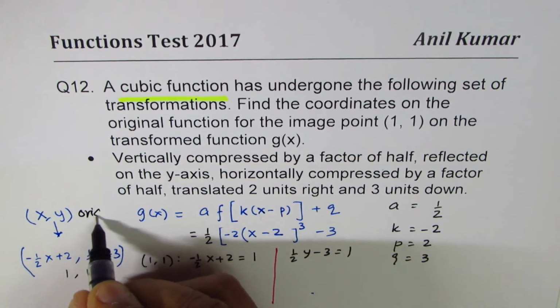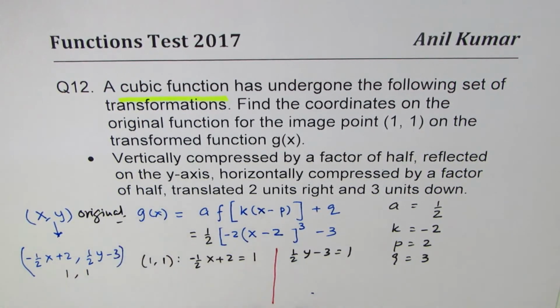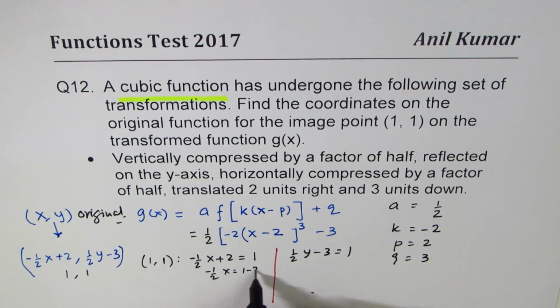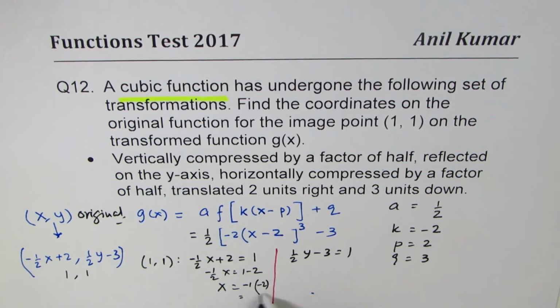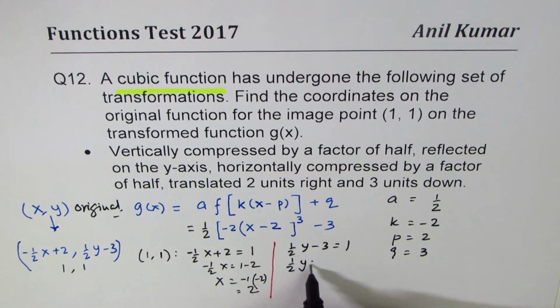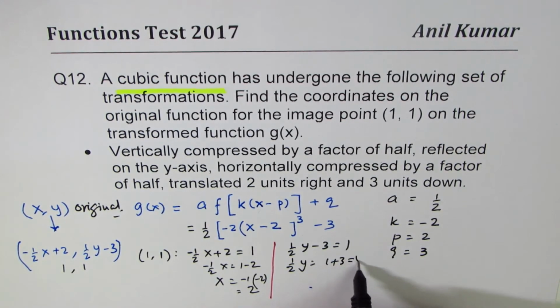So this is the original. Okay, so let's solve: minus half x equals 1 minus 2. x equals 1 minus 2, which is minus 1, times minus 2. Is it okay? So we get a value which is 2, correct? As far as y is concerned, let's take 3 to this side. So we have half y equals 1 plus 3, which is 4.